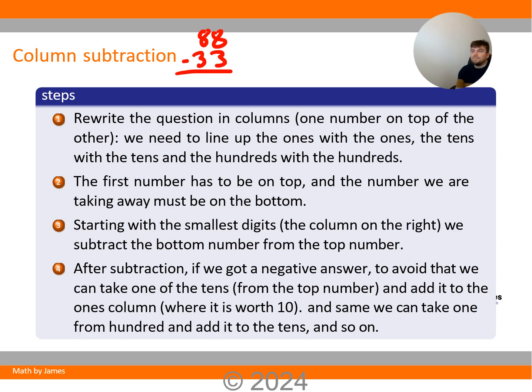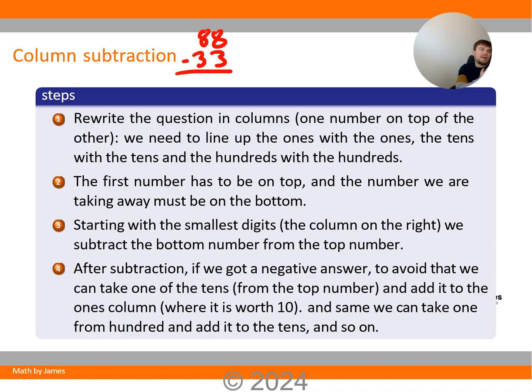So what we do is we subtract 3 from 8. And what does that give us? We take 3 out of 8, which gives us, we can even count back as well.